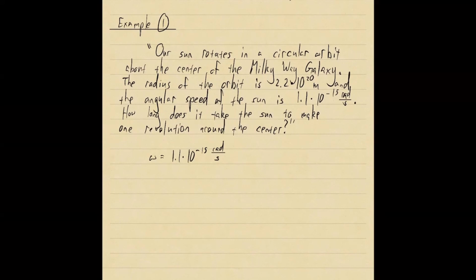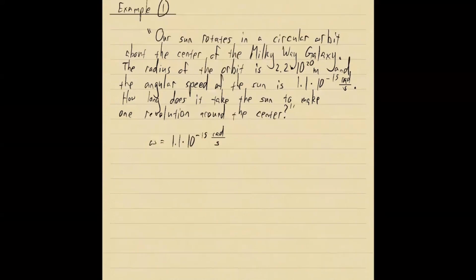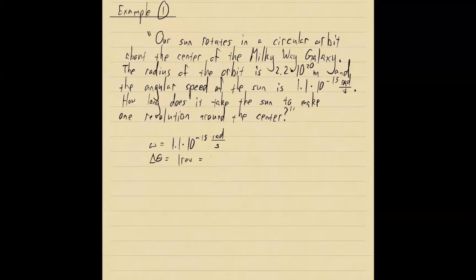Furthermore, if we want to go around the Milky Way galaxy once in this circular orbit, then our angular displacement is just going to be one revolution. But we know that one revolution is equal to 2 times pi radians.